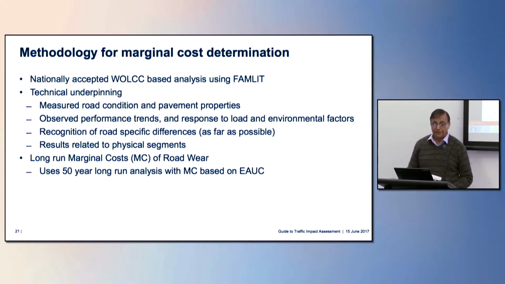So let's say on average we go for 10 years. The rehab is normally designed for the pavement; when the pavement is designed, it's normally taken for 20 years. So routine maintenance, program maintenance, then the rehab, and then another cycle goes on. So instead of using a very short period for cost analysis, we go for 50 years, which is a long enough period to come up with the equivalent annual uniform cost.